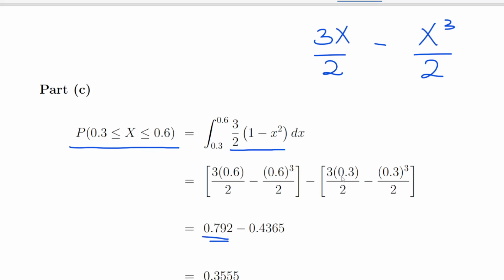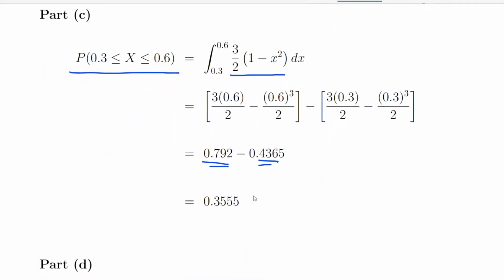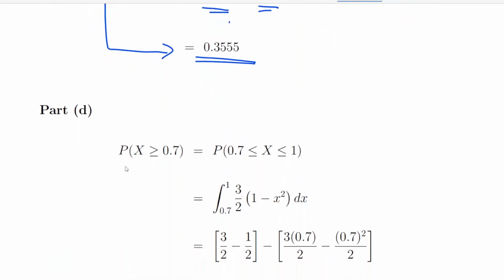When x is equal to 0.3, we have 3 times 0.3 divided by 2 minus 0.3 cubed divided by 2. That works out to be 0.4365. When we get the difference between the two, we get 0.3555. That is the probability that we are looking for here.